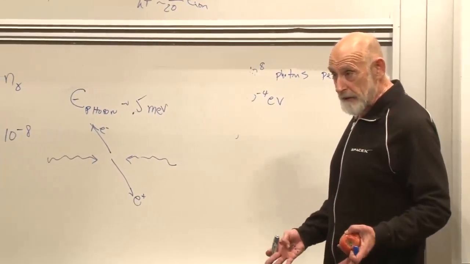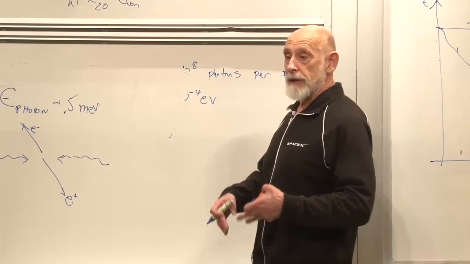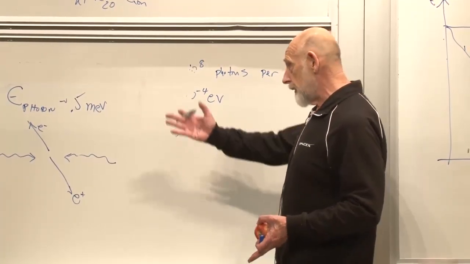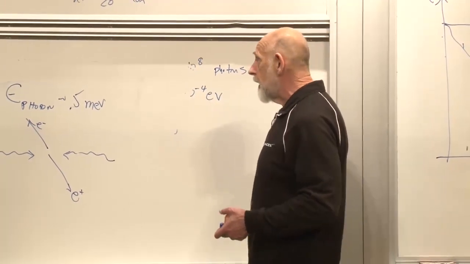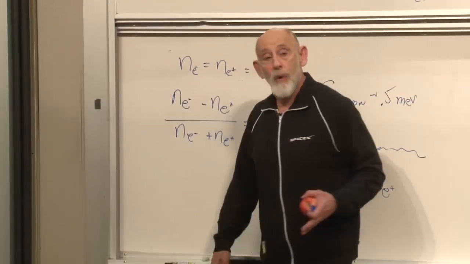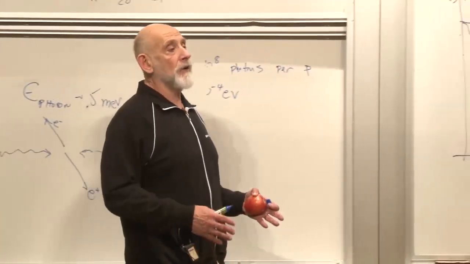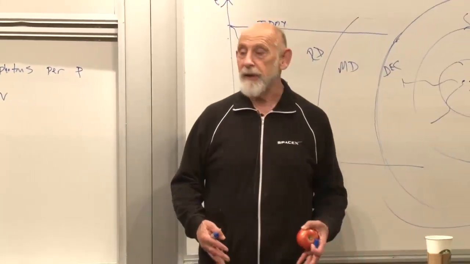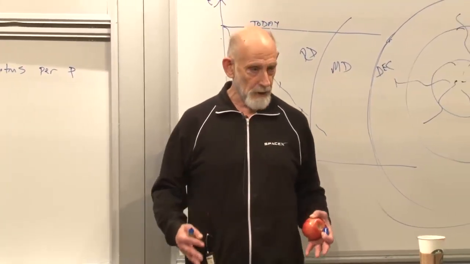The photons scatter. When they scatter, they thermalize, and their temperature comes below the temperature needed to make electrons and positrons. And so if the number of electrons and positrons were equal, essentially all the electrons and positrons would annihilate, and there would be none left, or almost none left.